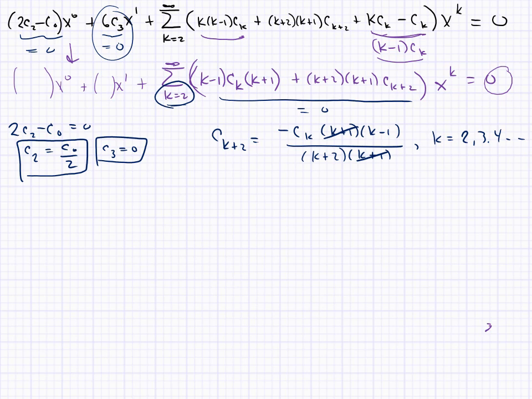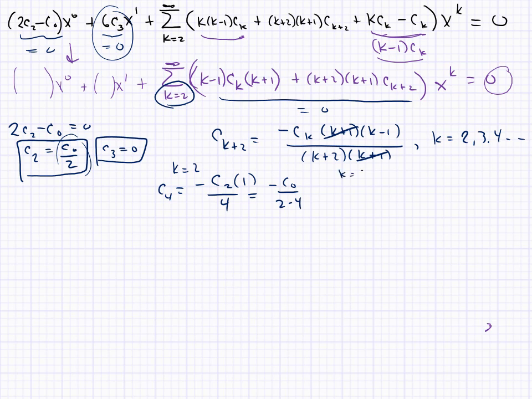So we got c2, we got c3. If you notice, we're going to start with k equals 2, so that's going to tell me c sub 4 equals negative c sub 2 times 1 over 4. But since c sub 2 is back here at c sub 0 over 2, it's going to be negative c sub 0 over 2 times 4.